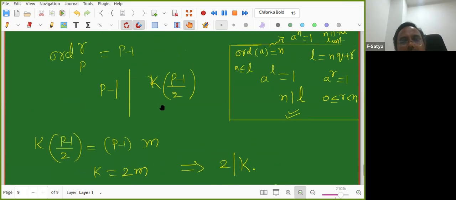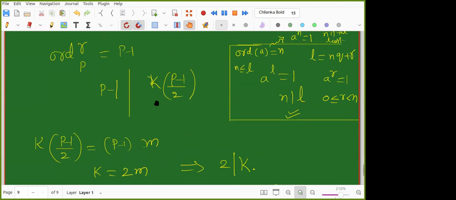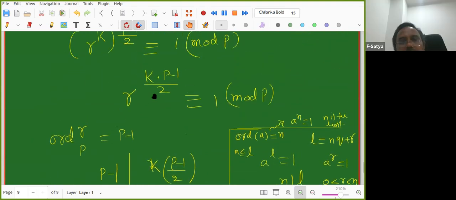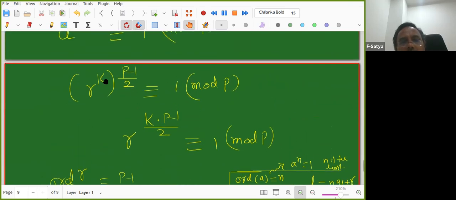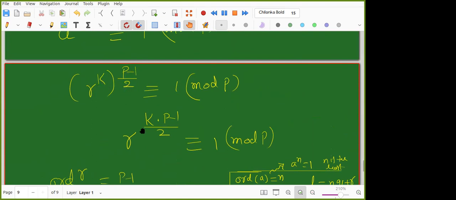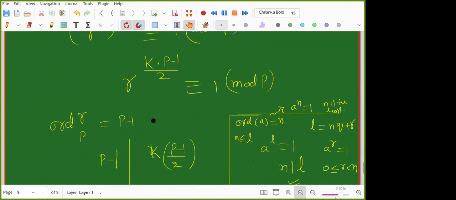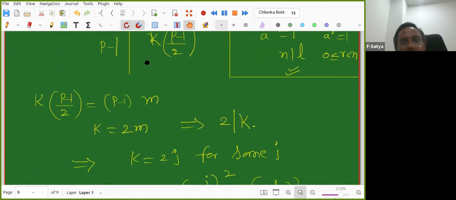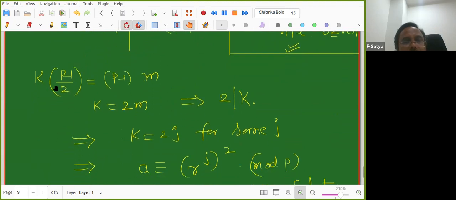See, first of all, this is an integer, right? r^k, and (p-1)/2 is an integer, so the entire thing is an integer. In fact, finally you proved k is even, so k cannot be 1.